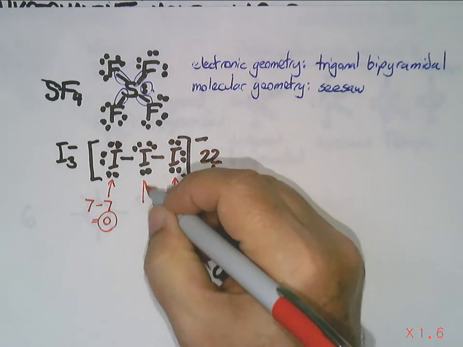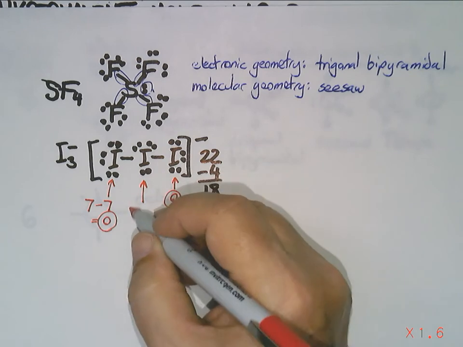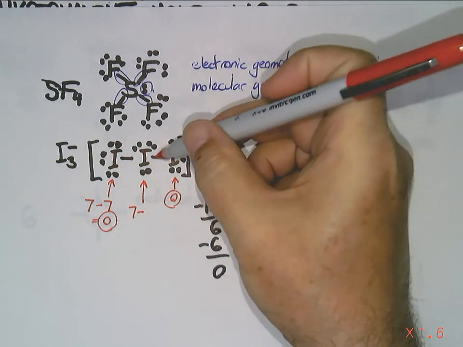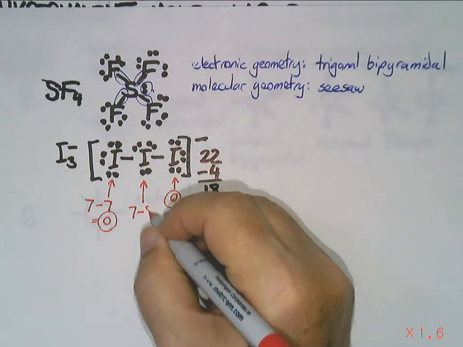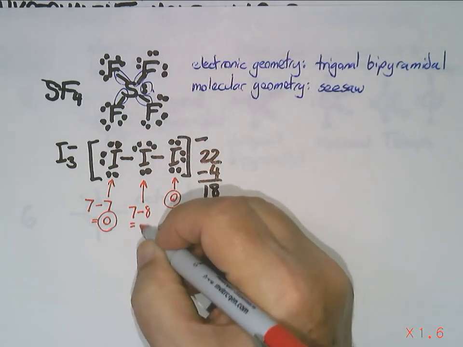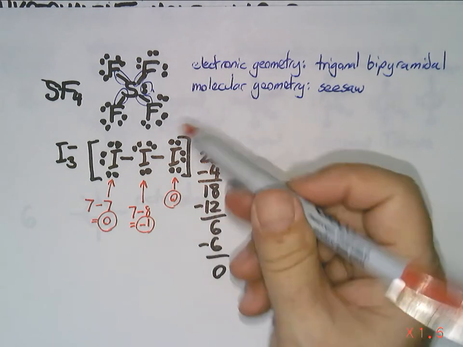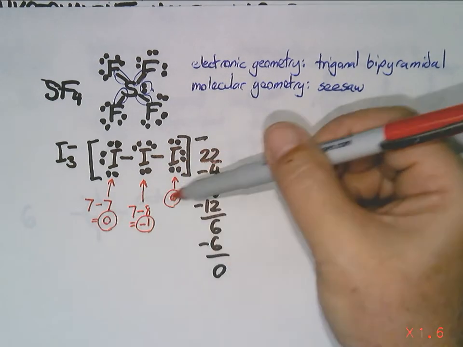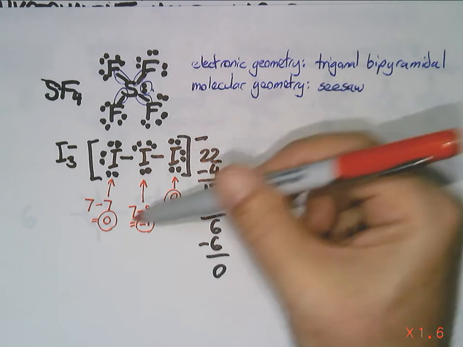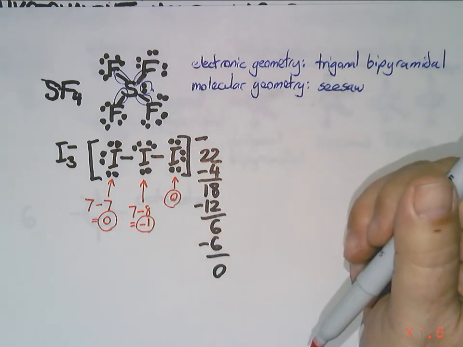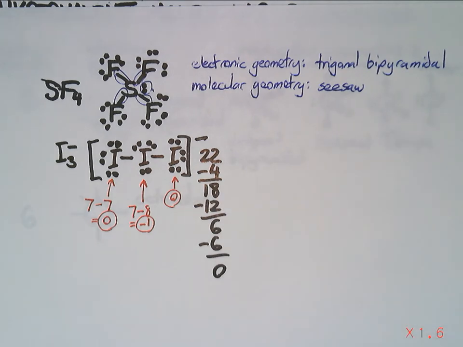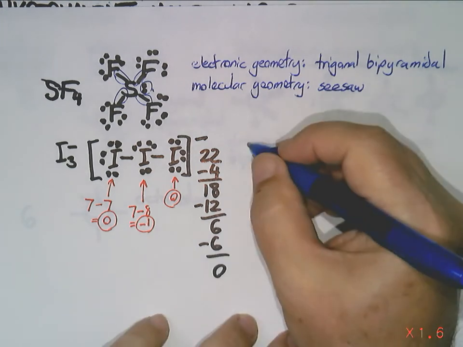How about this one? 7 on the periodic table minus 1, 2, 3, 4, 5, 6, 7, 8 sticks and dots around it. That's a -1. So I have to have a total -1 charge for all the formal charges, and I do. And 0, 0, -1 is about as good as I can get. So this is about the best Lewis structure I can draw for this thing. Now, let's ask ourselves, what's the electronic geometry?